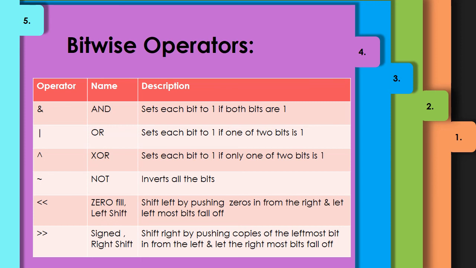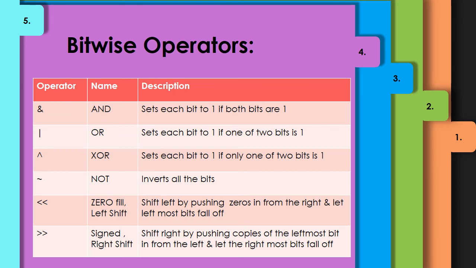Now the fourth one is the NOT bitwise operator. It inverts all the bits. It will write 1 for the 0 and 0 for the 1. It is used for the inversion operation. Now left shift.